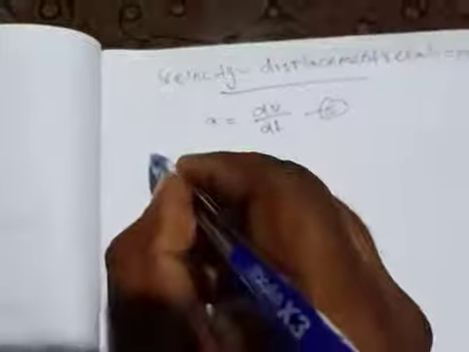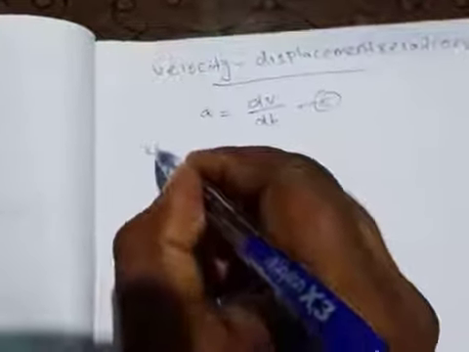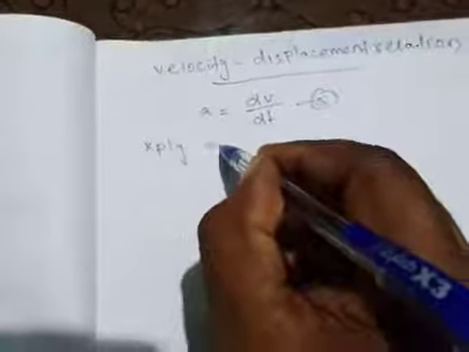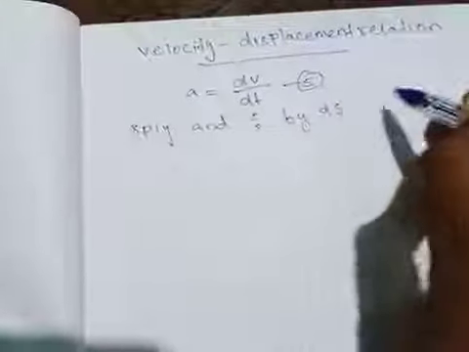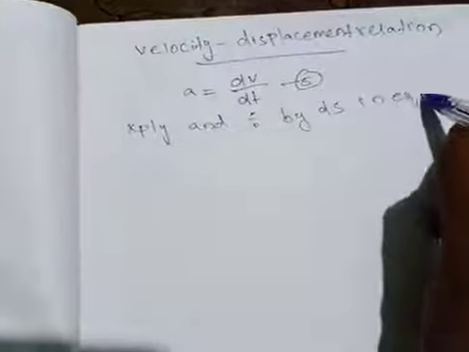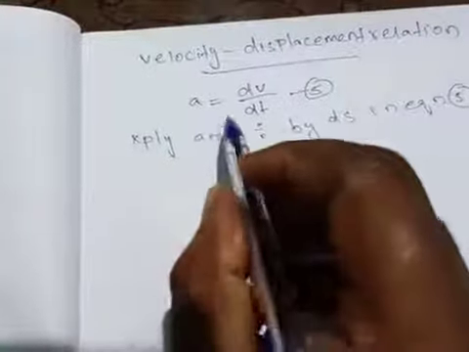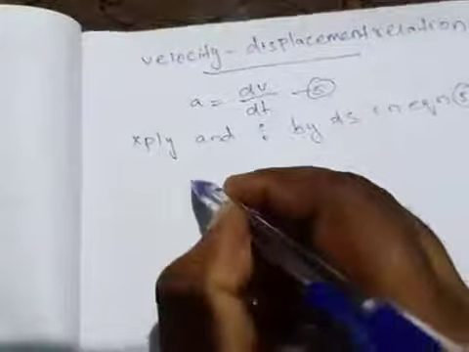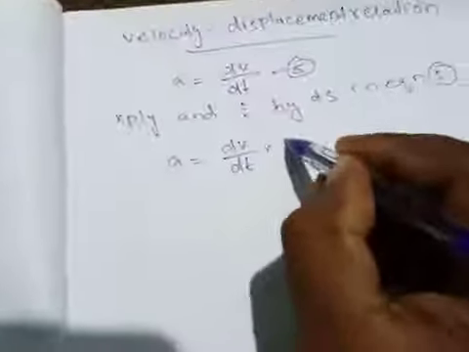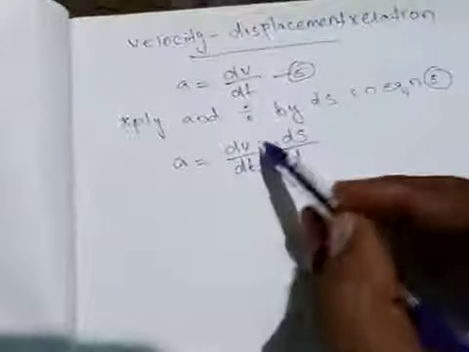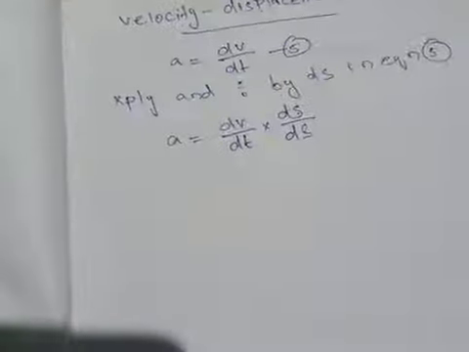What you have to do is multiply and divide by ds in equation 5. So a is equal to dv by dt into ds by ds, multiplied and divided by ds.